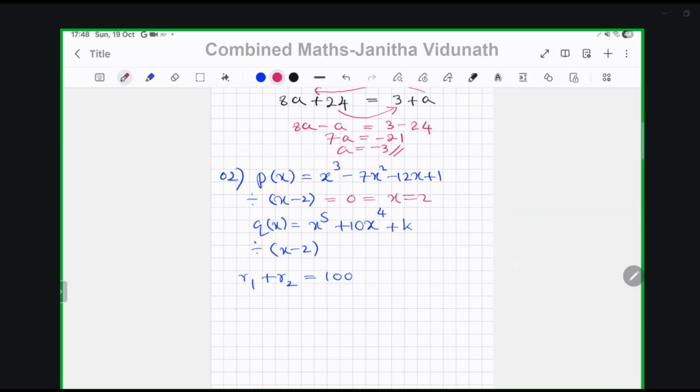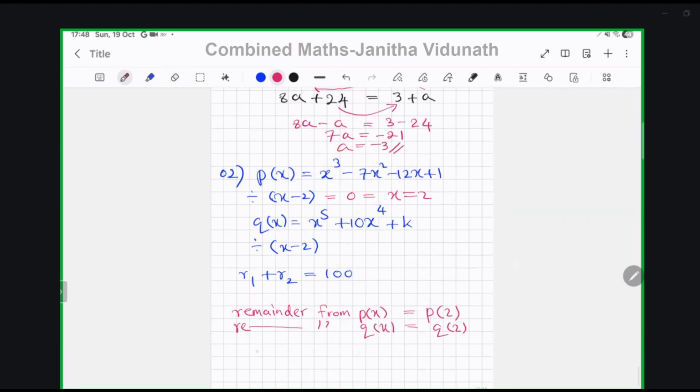That means the remainder from px is equal to p2, and the remainder from qx is equal to q2.